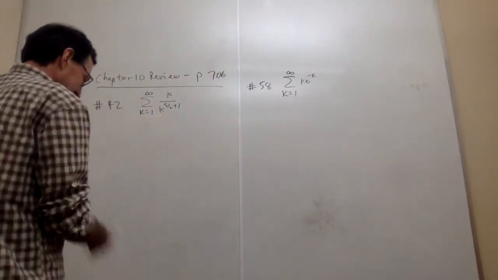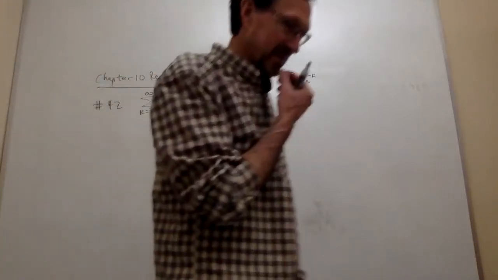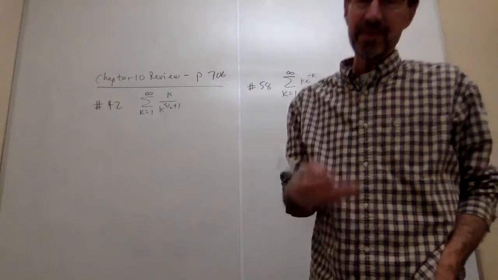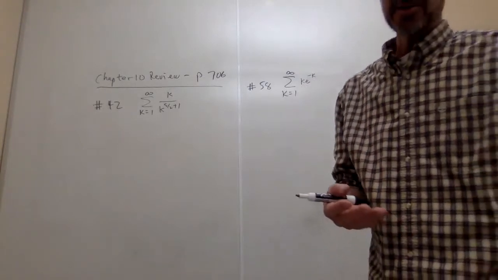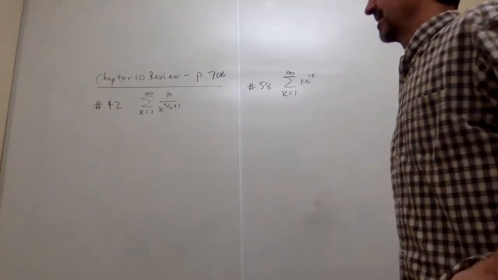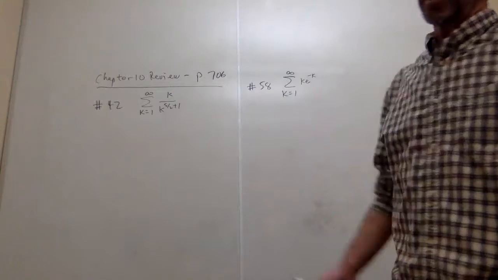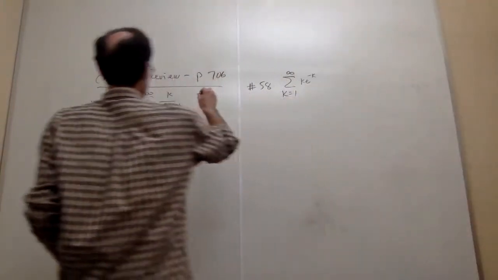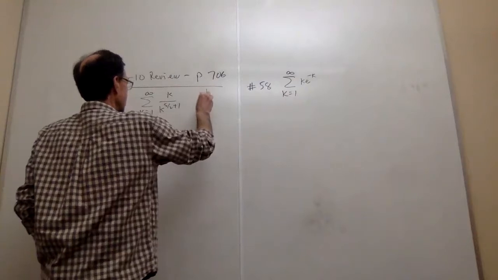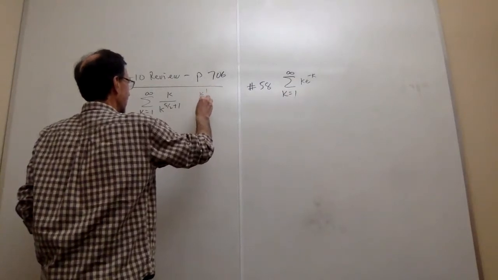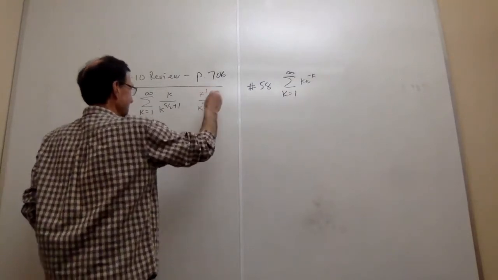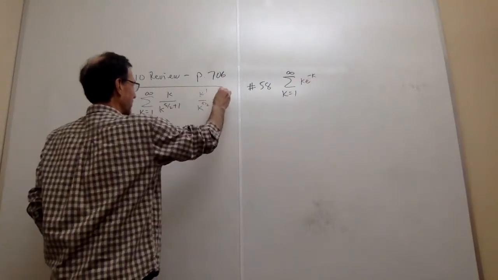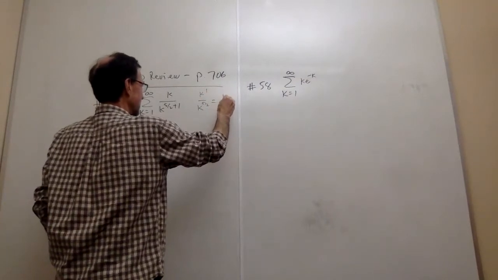Okay, so how do we think about this? You cover up the plus 1, and the plus 1 becomes insignificant as k goes to infinity, and it does go to infinity. Then you can see that this looks an awful lot like a p-series. That is, we have k to the first on top, and we have k to the 5/2 on the bottom, which is equal to, if I cancel that 1 out, 1 over k to the 3/2.